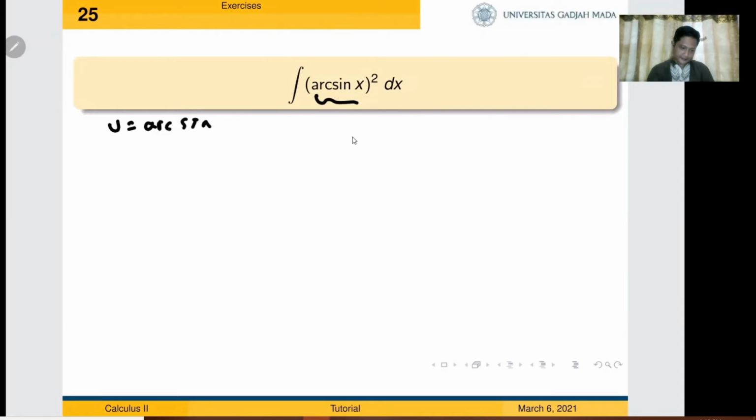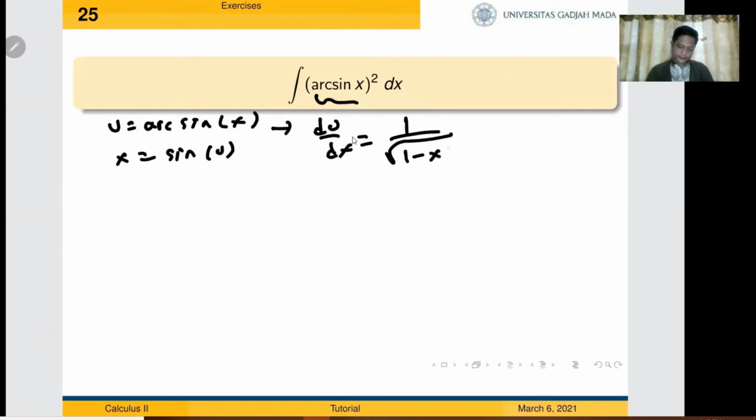Arcsin x, so because this is the inverse of sine, I have x equal to sin u, right? So this one is u. So du over dx is equal to the first derivative, which is 1 over the square root of 1 minus x squared, right?